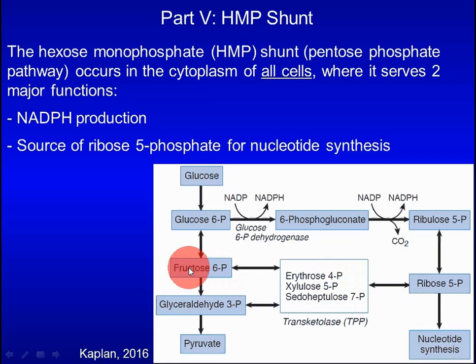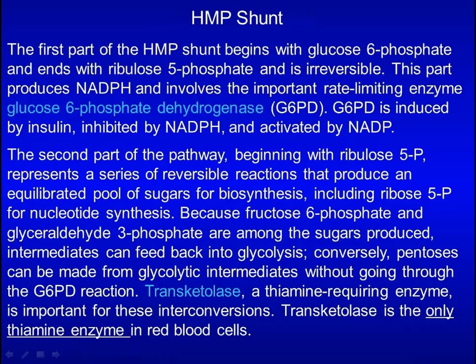Conversely, pentose can be made from glycolytic intermediates without going through G6PD step. Transketolase, a thiamine-requiring enzyme, is important for this conversion. Transketolase is the only thiamine-containing enzyme in red blood cells. This information is provided on this slide.